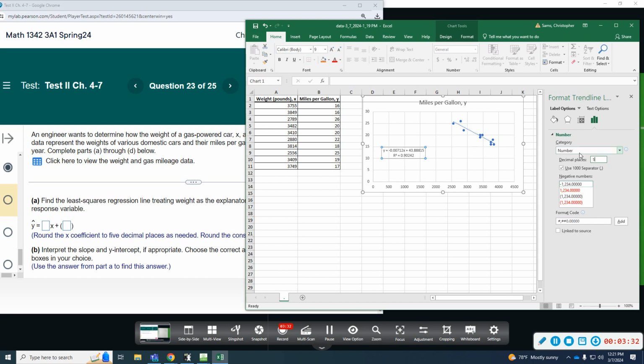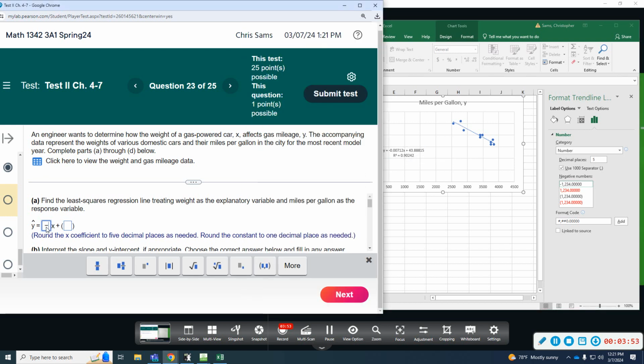Okay, so now we got 5 places. We had to go back up to label options here. So 5 decimal places, negative 0.00712.